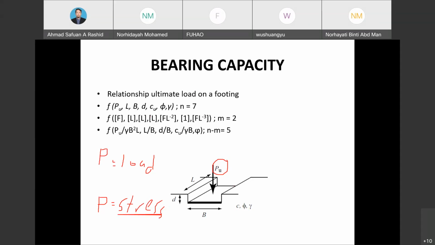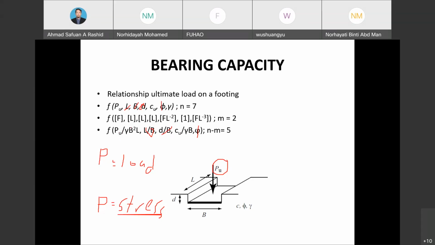The minimum number of primary dimensions is 2, so 7 minus 2 becomes 5. Again, derive the dimensionless equations, which is phi, and then use the simple one, L over B. So we already used L over B, then we have D. It depends; in this case, it looks like the author or researcher wants to emphasize more on B. So L over B, D over B, and then the remaining set is Pu, Cu, and gamma.